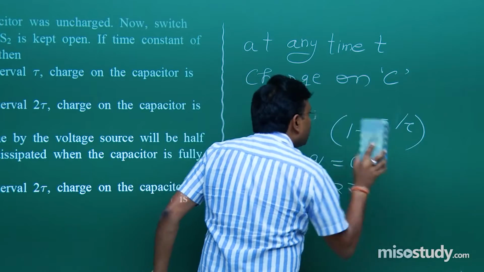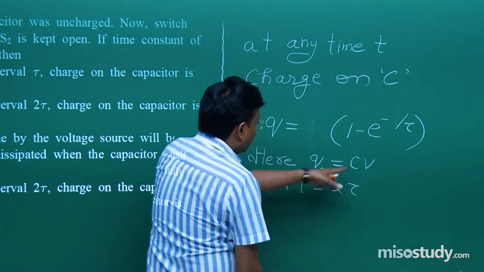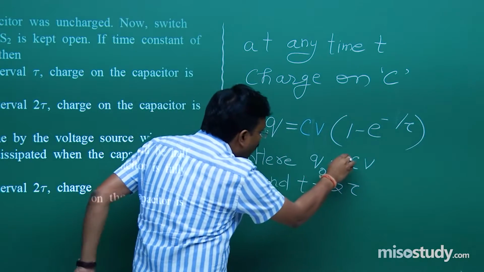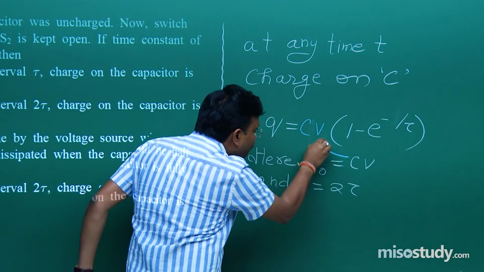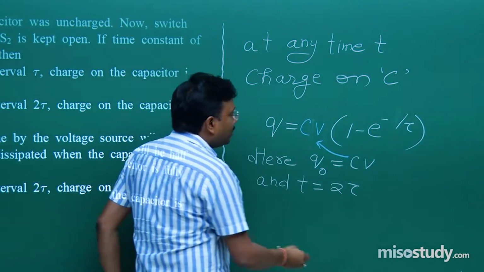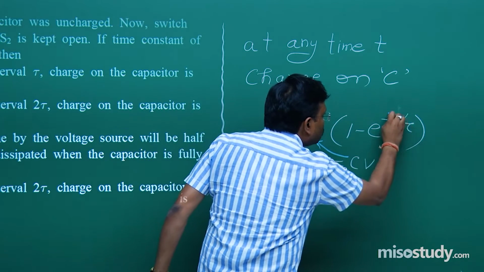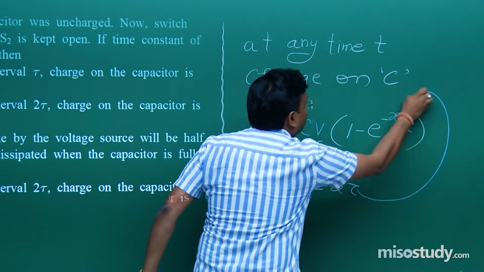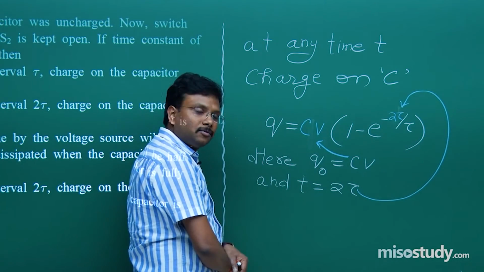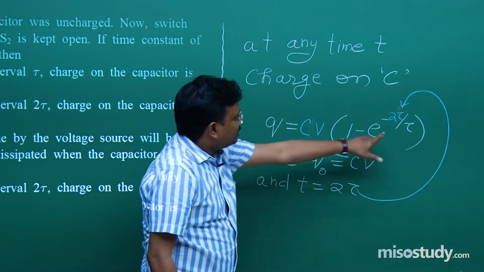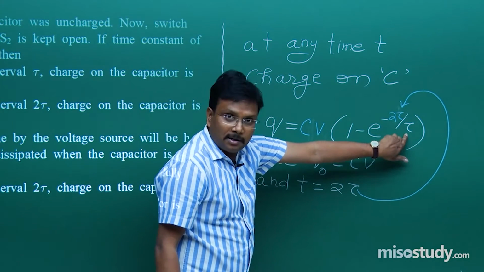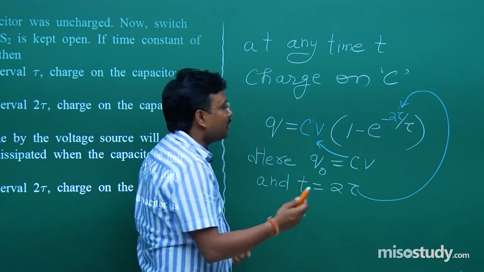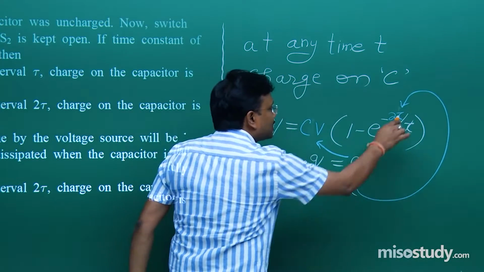So here it is CV from this, and it is 2 tau from here. Now this tau in white and this tau in blue are the same. Here I am just using different colors so that you can understand.